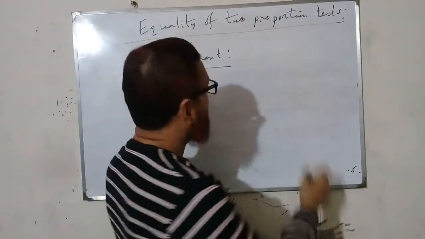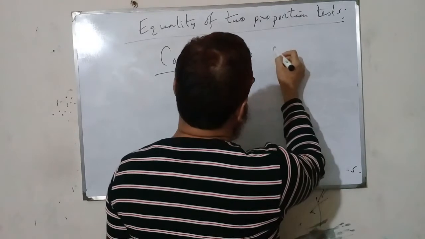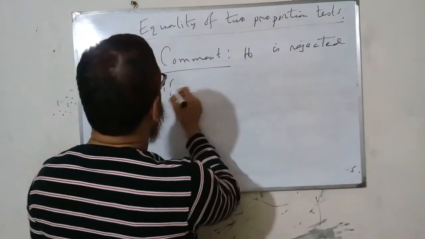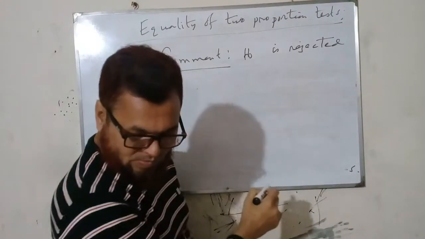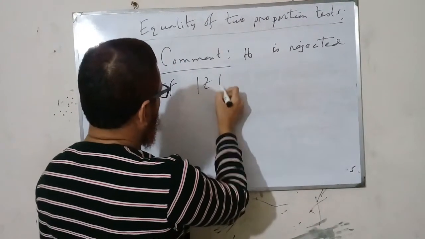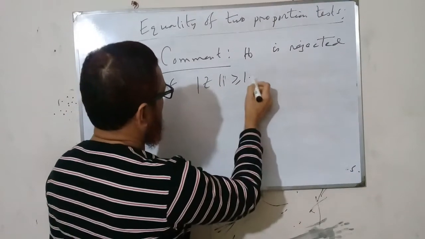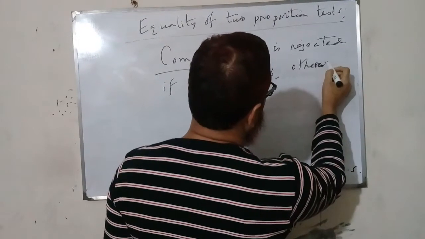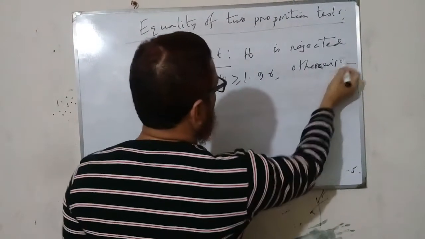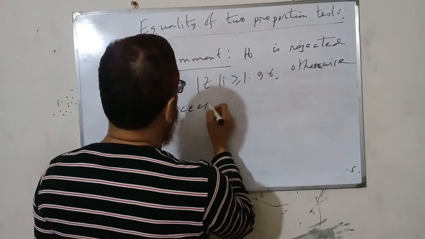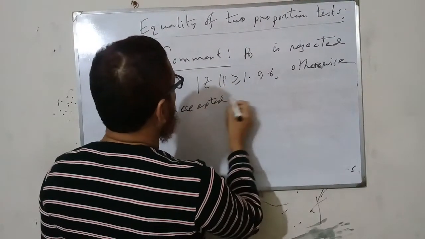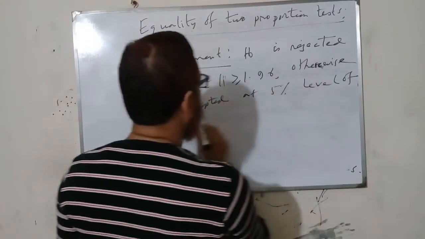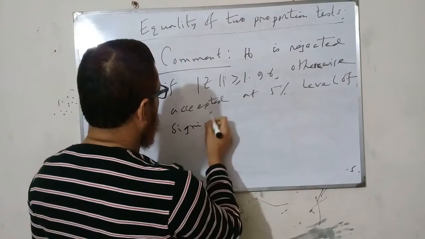As usual, H0 is rejected if Z is greater than or equal to 1.96, otherwise accepted at 5% level of significance.